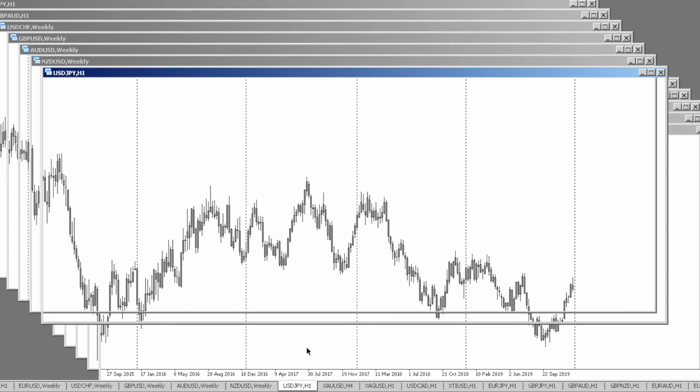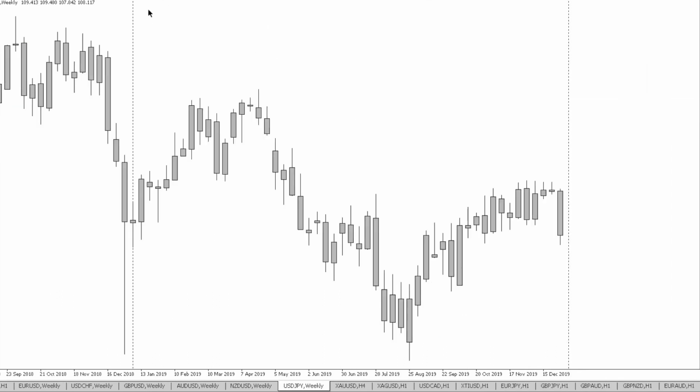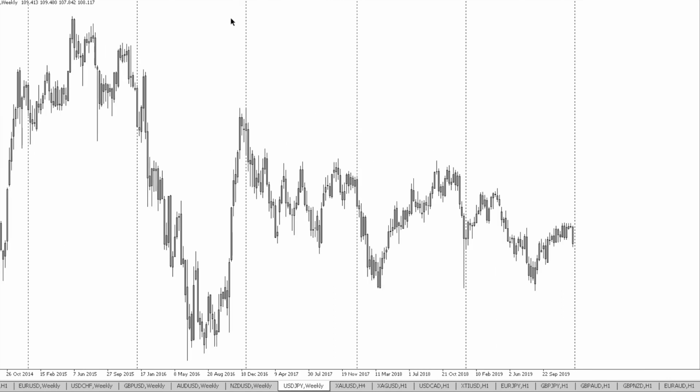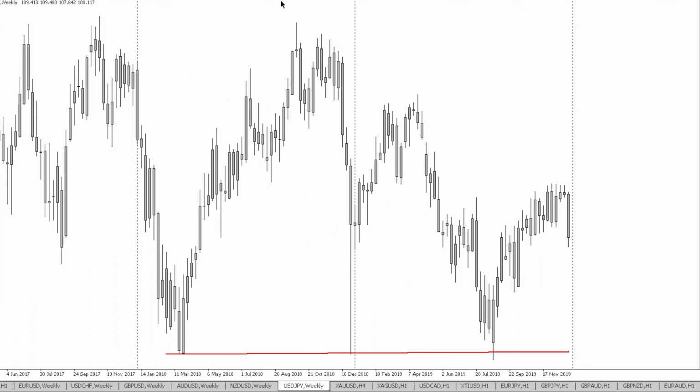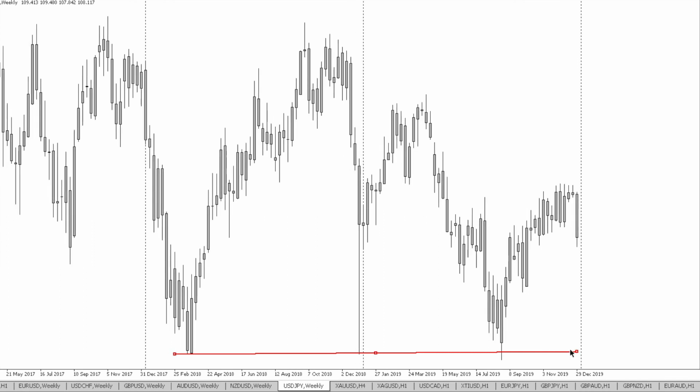Obviously, you can see these things anyway with the naked eye, but sometimes when it's just mapped out for you like this, it's just a bit more helpful for you to understand why price is reversing at certain lows. Because if you look at, say, UJ on this monthly right here, this is a key level on UJ.